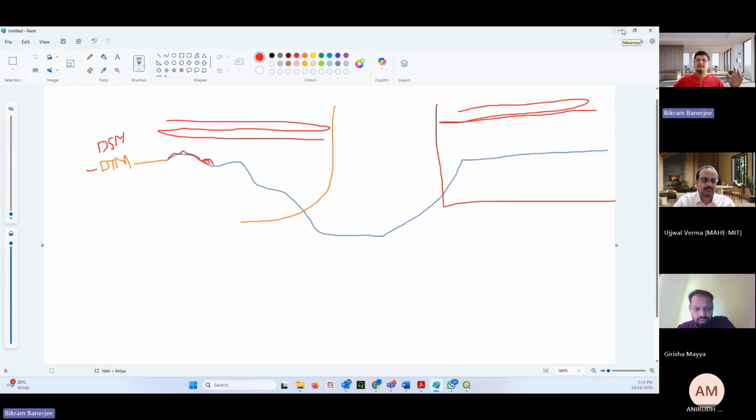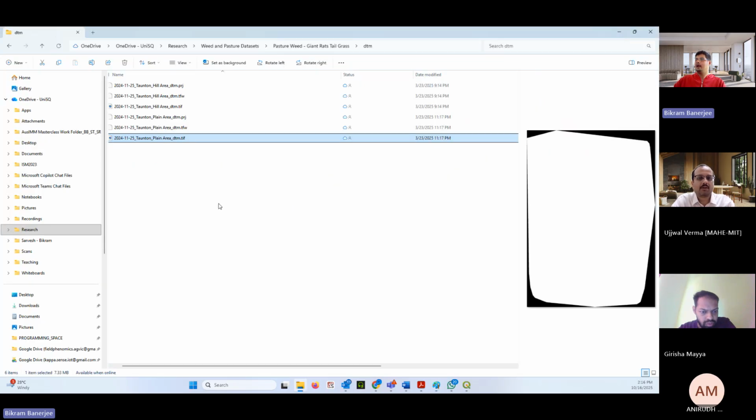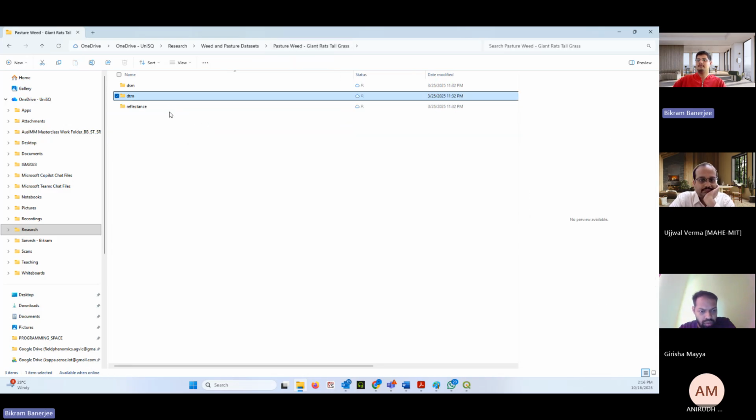Just upscale the DTM to the resolution of the DSM's grid, and then we do it. If you have issues there, let me know. I can do the DSM minus DTM at my end and put that. It usually takes a minute or so, so it should be easy. Then you can get the canopy height model, and we can readily use it with the other reflectance files.